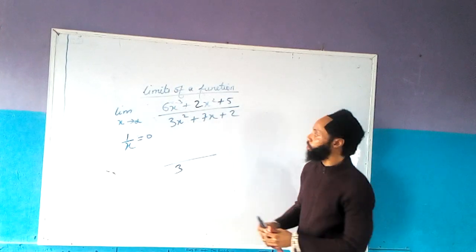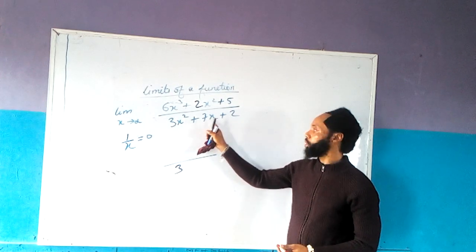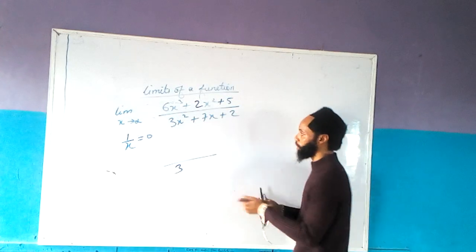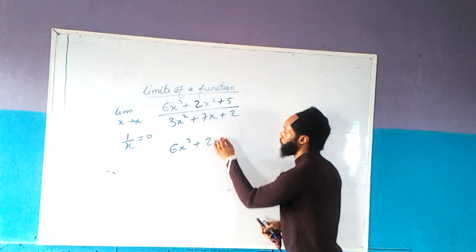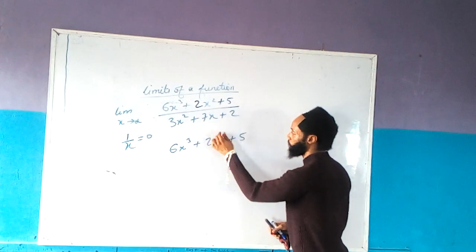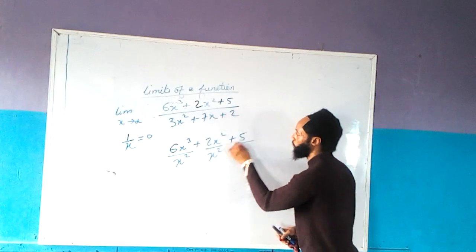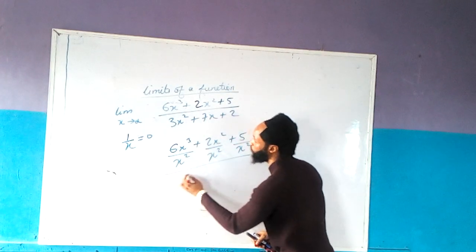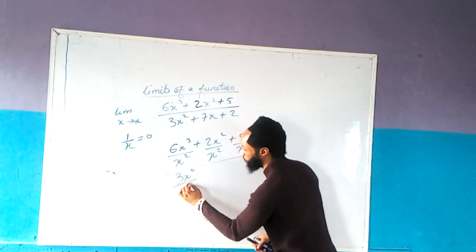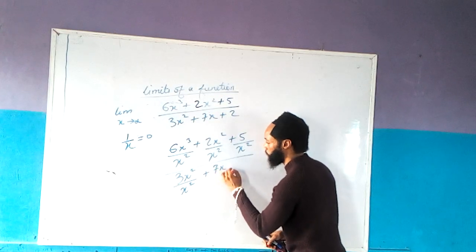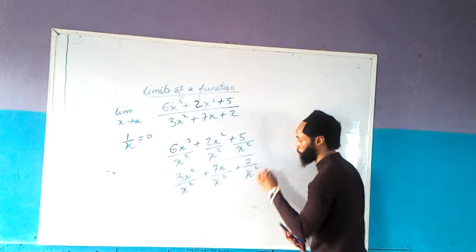Yes. If we divide through by x squared, what are we going to have? 0. Because x squared is greater. Or let me express it further. 6x cubed plus 2x squared plus 5, dividing through by x squared, all over 3x squared divided through by x squared, plus 7x divided through by x squared, then plus 2 divided through by x squared.